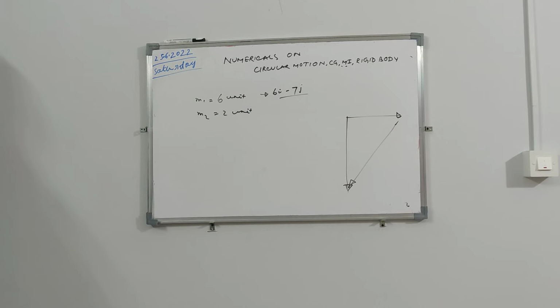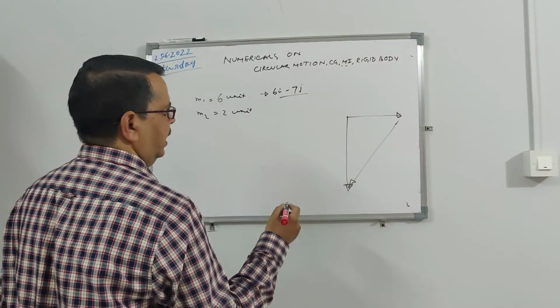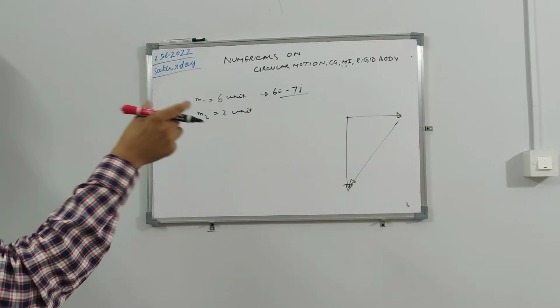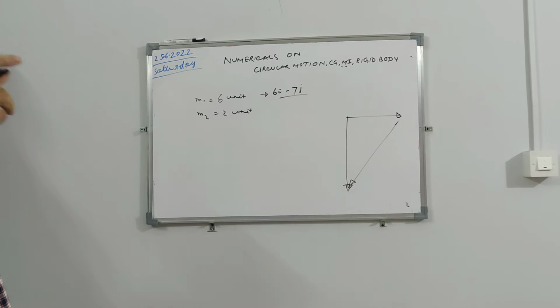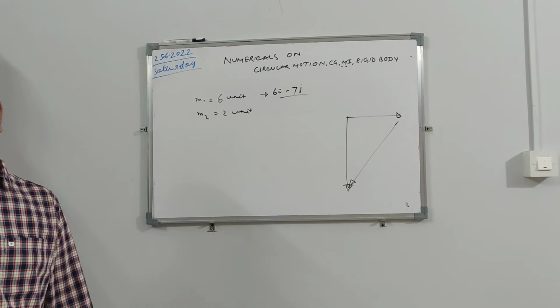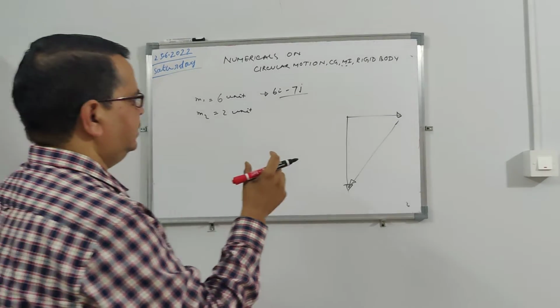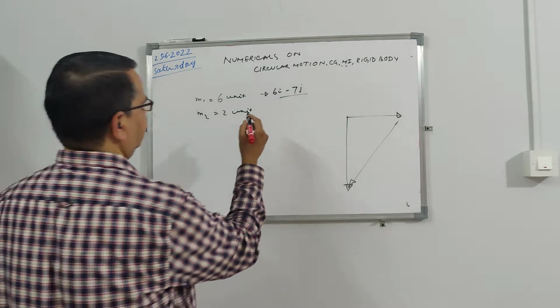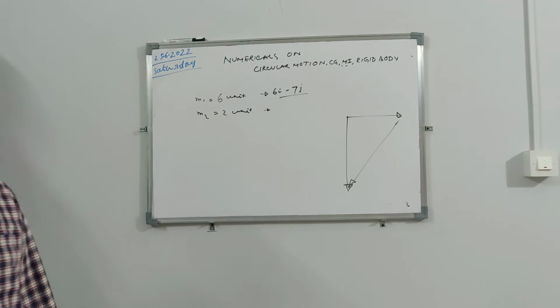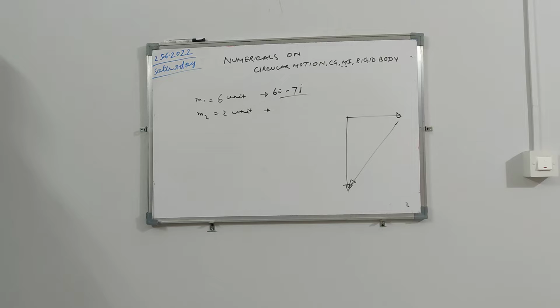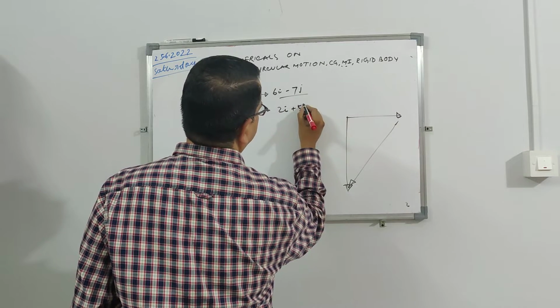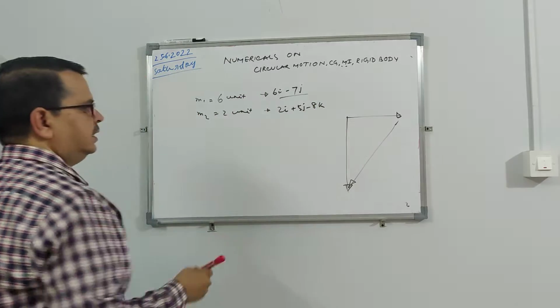At that position one mass is lying, resultant of those two: in x direction 6 and in y direction minus 7. Similarly the other mass is at 2i plus 5j minus 8k. That is the other mass.